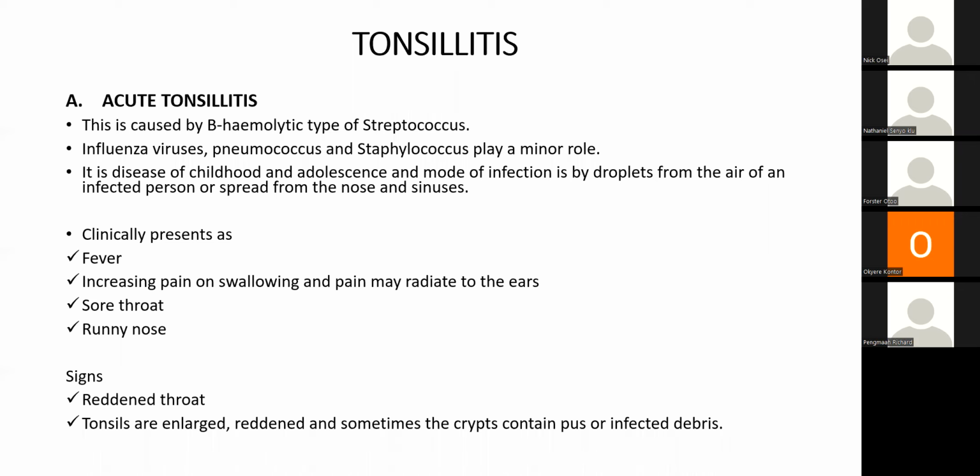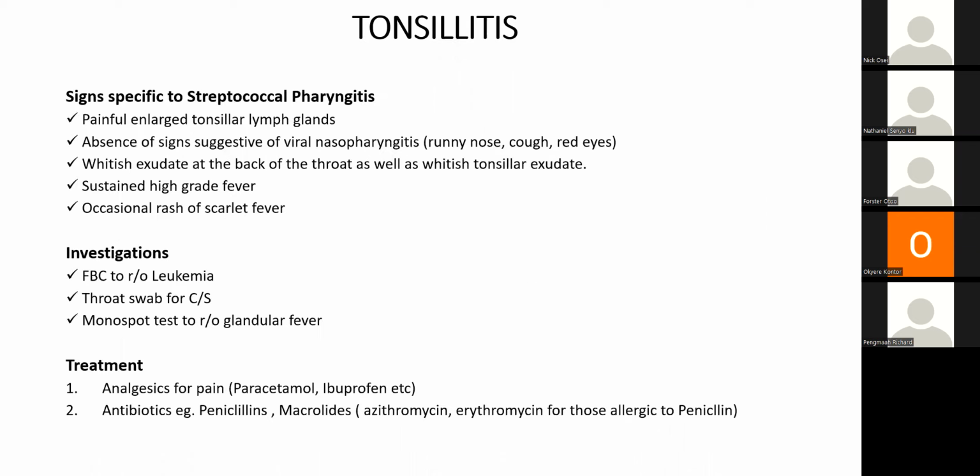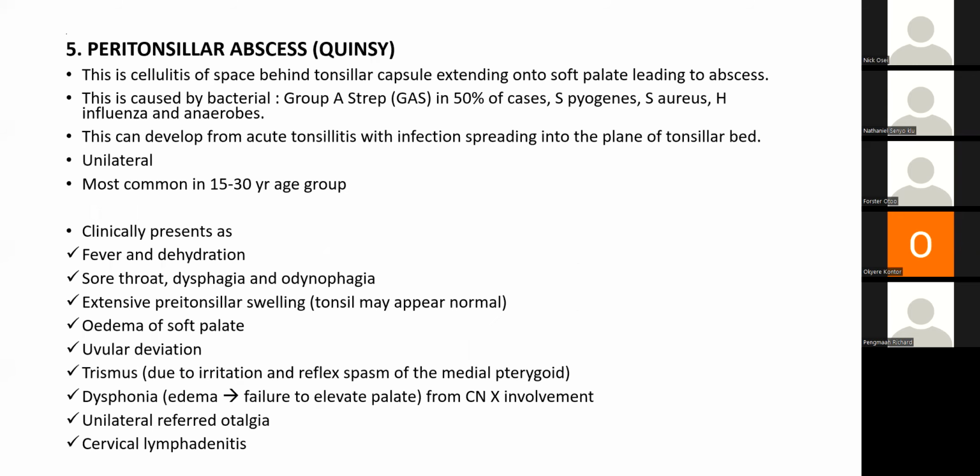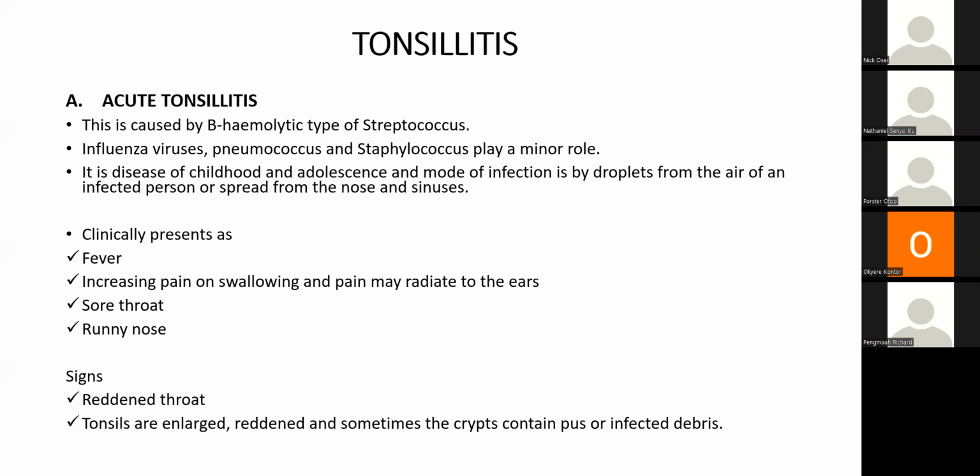And some of these organisms can predispose the tonsils into an acute inflammation, a recurrent inflammation, or a chronic inflammation. So we all know that the typical inflammation of the tonsils is basically tonsillitis.